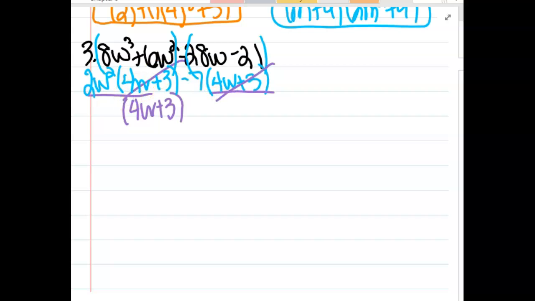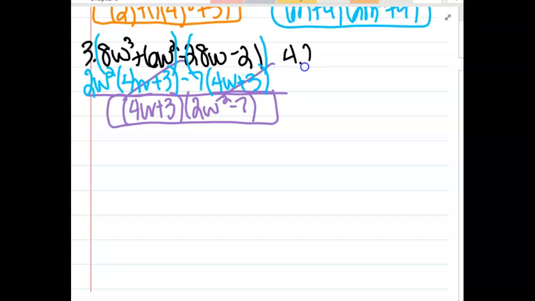And when I factor out the 4w plus 3, I'm left with 2w squared minus 7. Okay, that's going to be one of the biggest things that you have to watch out for. That's probably the most challenging thing to watch out for in factor by grouping. So just watch for that middle sign. Let's try to eliminate those.